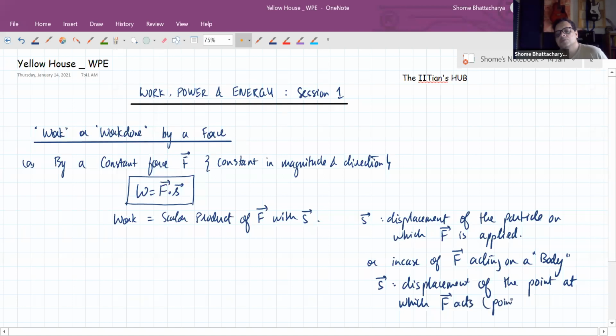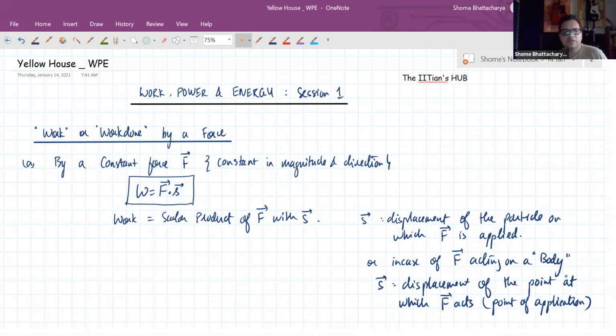This is often called the point of application. So just write down the definition. We'll understand the difference between the displacement of the point of application and the displacement of a particle with some examples.